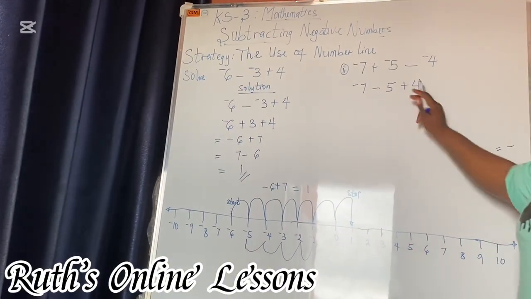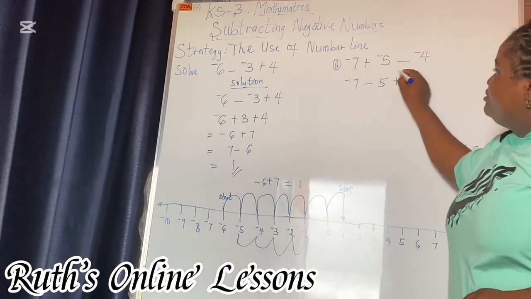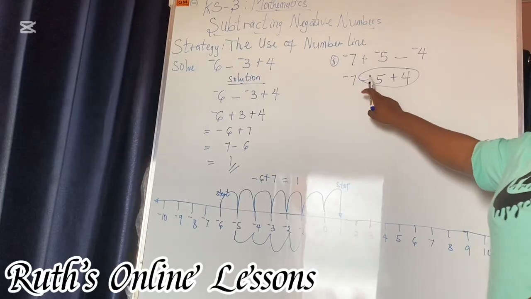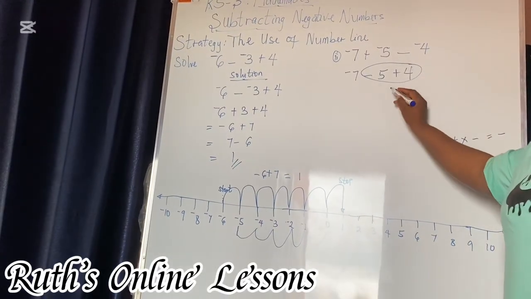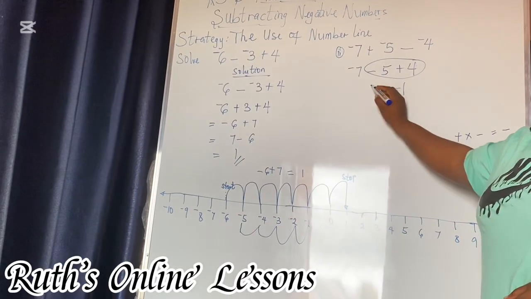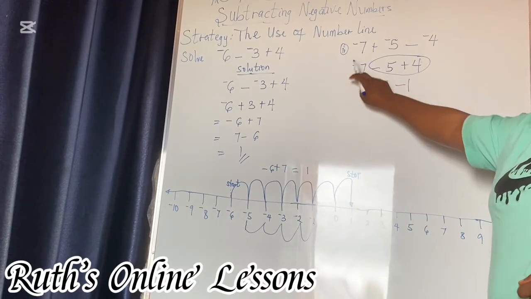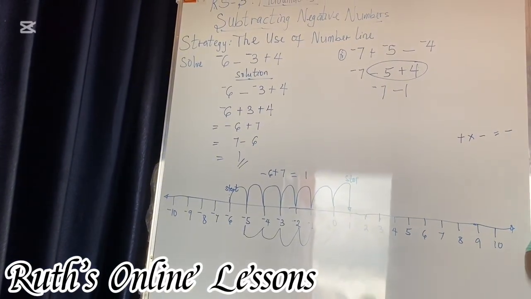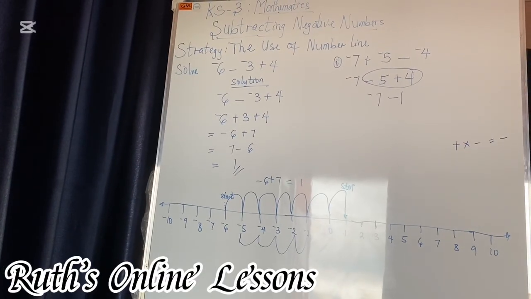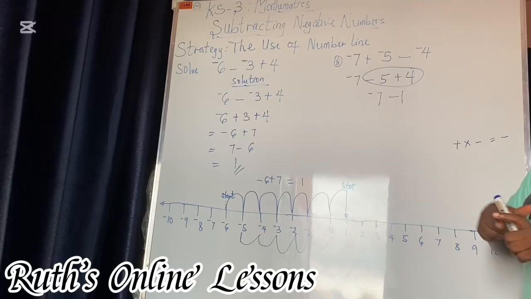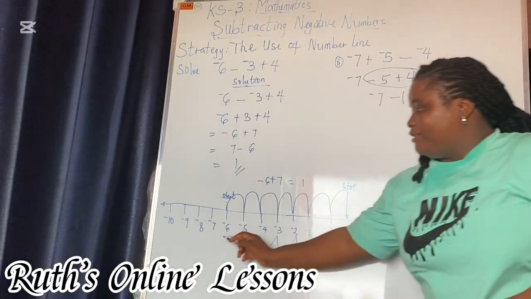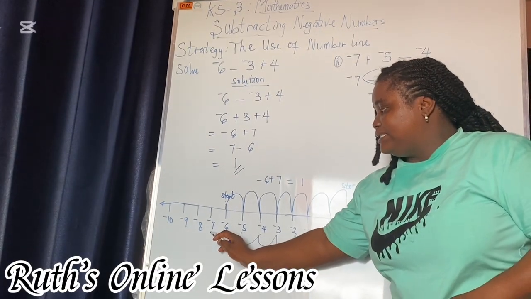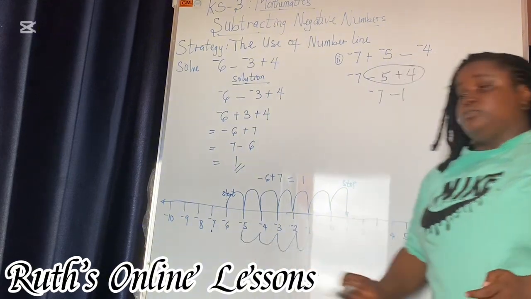So what we have here, we have actually resolved this. Minus 5 plus 4, and everything here is minus 1. And this is minus 7. So what we have here is minus 7 minus 1. Stay with me. Minus 7 minus 1, remember this is minus 7. We're using the number line still. So we're going to start with minus 7.